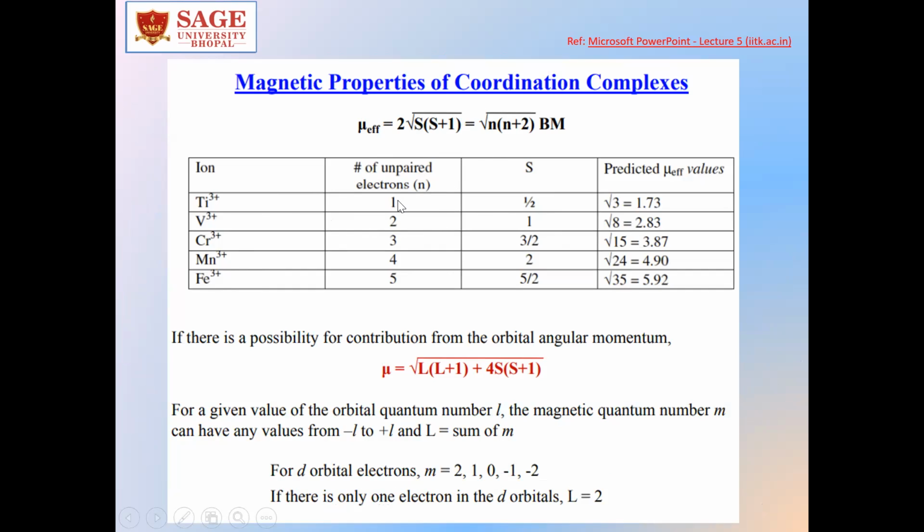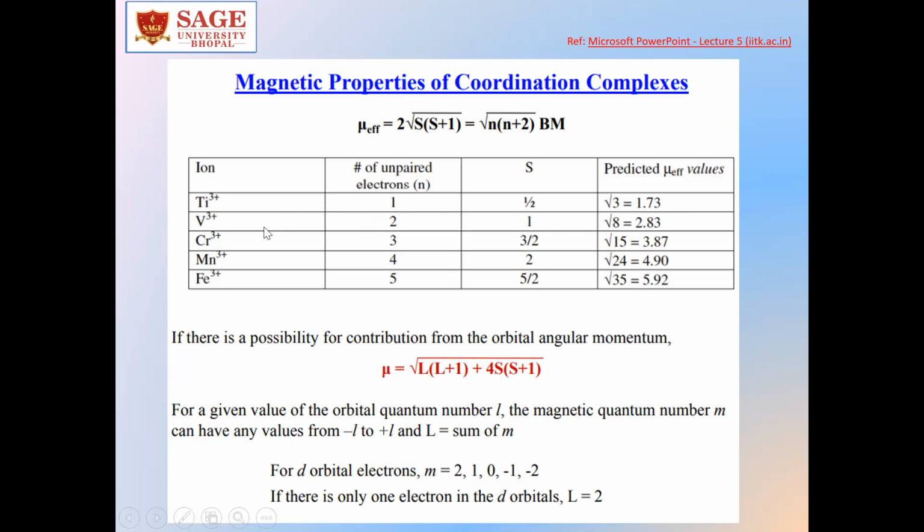So with number of unpaired electrons 1 and S equal to half, the predicted mu effective value, whichever formula you use, either 2 into root over S into S plus 1 or root over n into n plus 2, would be root 3, that is 1.73.